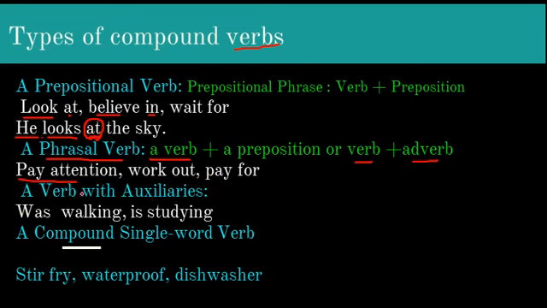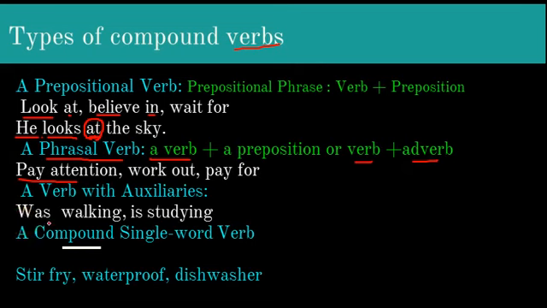Now, verb with auxiliaries. Auxiliaries or helping verbs are used together with a main verb to show the verb's tense or to form a negative or questions. The most common auxiliary verbs are have, be, or do. A main verb is also known as a base verb.